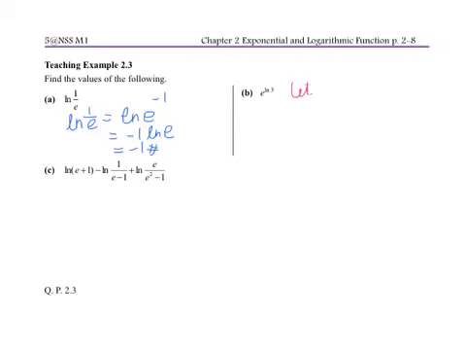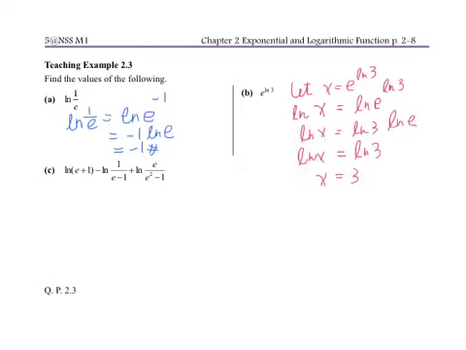You can let x equal e to the power ln 3, and then take natural log on both sides. So it's ln e times ln 3, which equals ln 3 times ln e. This part is equal to 1. This is equal to 1. So finally you can see that x equals 3.